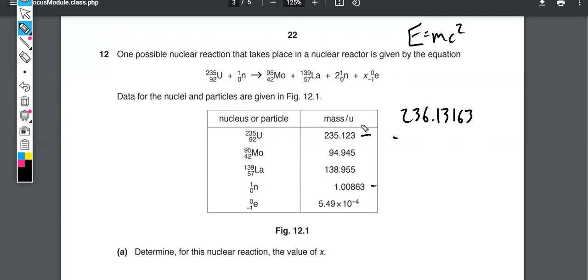And we've even got 7 electrons, which have basically negligible mass, but since it's a nuclear calculation with lots of significant digits, we'll be as precise as we possibly can. So then we're going to add into this 7 times 5.49 by 10 raised to the minus 4.